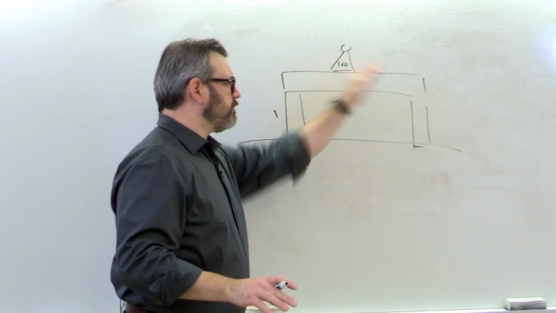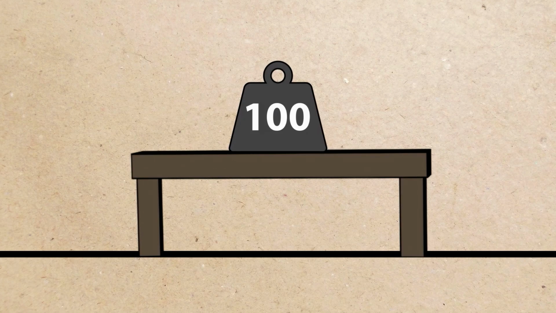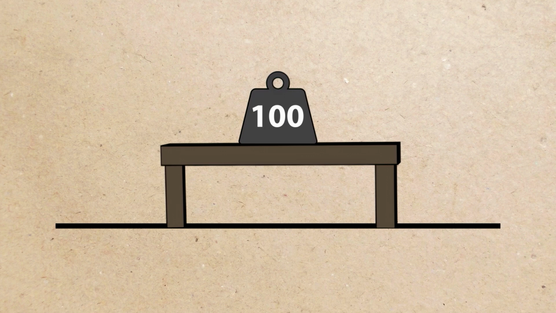Let's just consider this as a beam and two columns, right? That 100 pounds is creating a force right here in the middle of this beam. And that beam is sitting on two posts. And so we can imagine that if that weight is exactly in the middle, there's 50 pounds of force pushing down on each column.